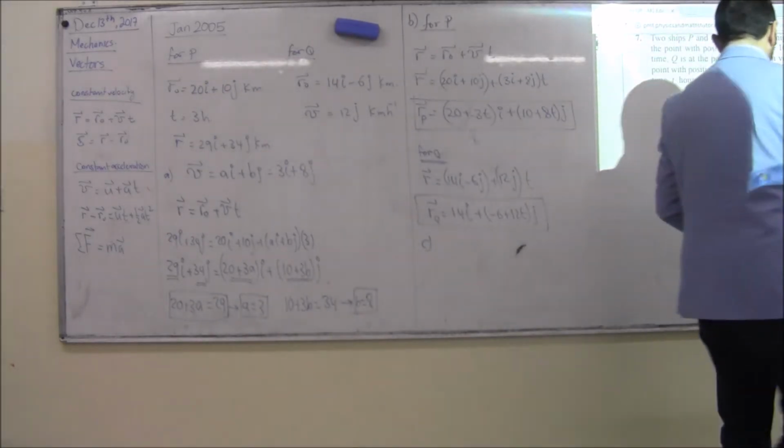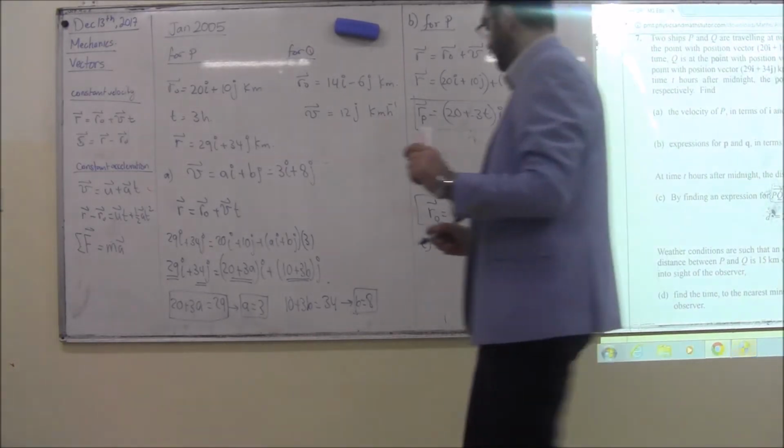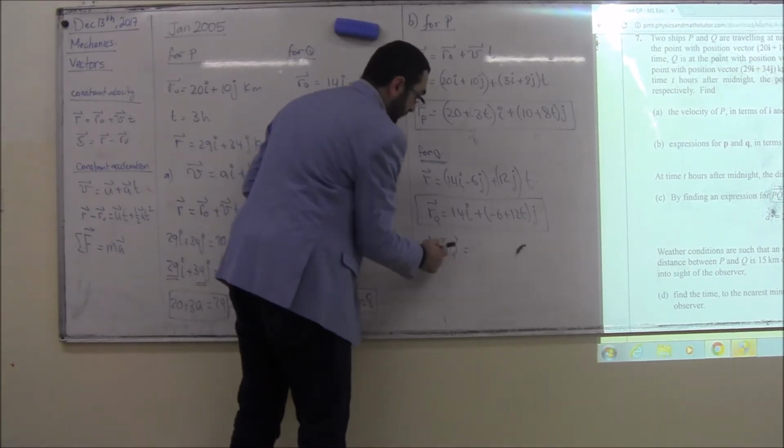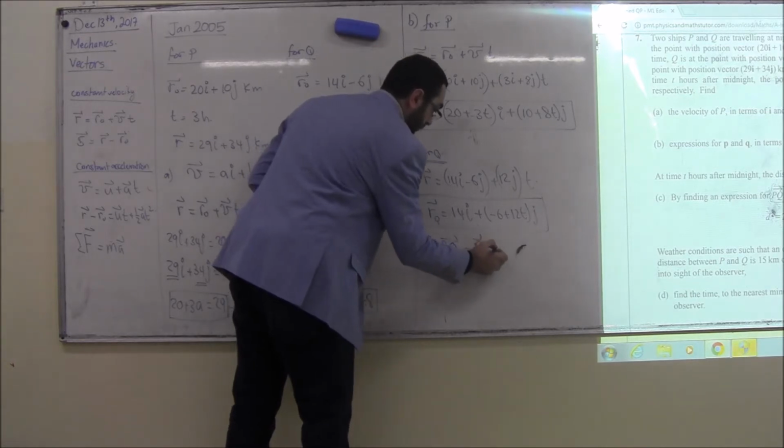Okay, now let's go to C, which is the important one. Find the expression of PQ. As we mentioned before, PQ equals RQ minus RP.